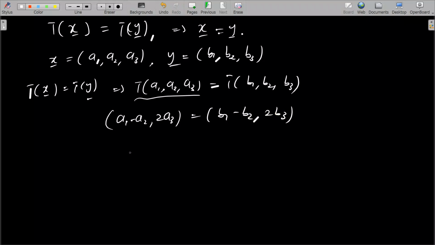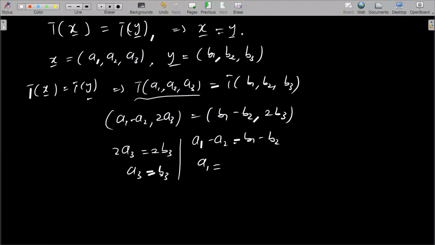Now if I equate individual components, I'm going to have a3 equals b3. That part is done. Now the other part is a1 minus a2 is equal to b1 minus b2, which means a1 is equal to b1 minus b2 plus a2. So I'm not getting a1 equal to b1.